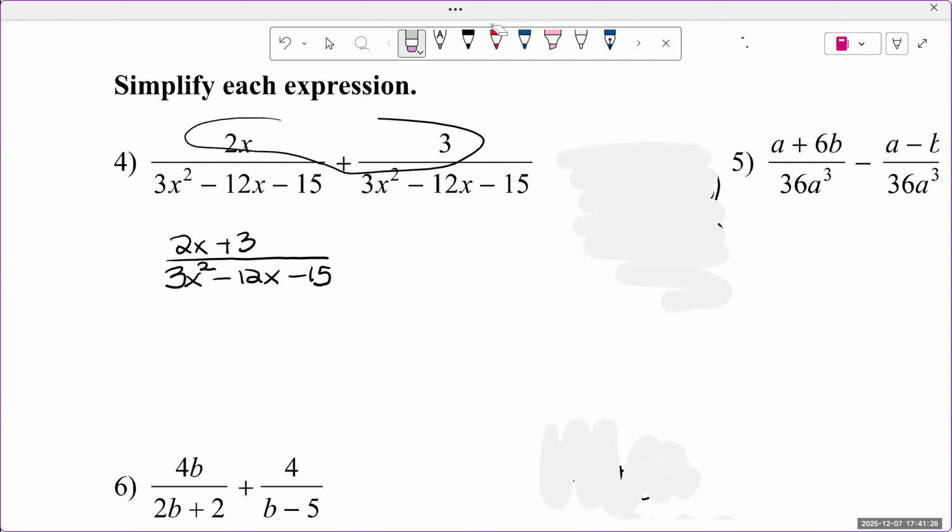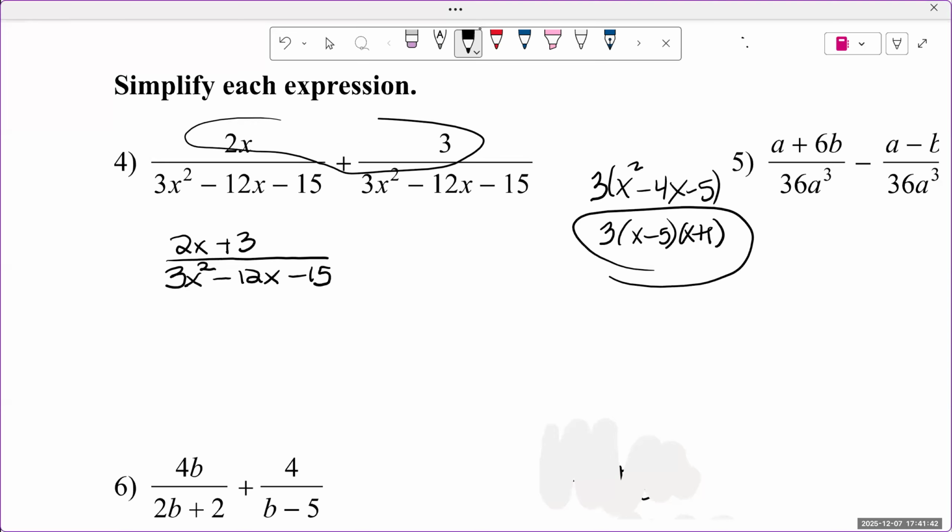So if we try to factor the bottom, this is what we're going to get. And we see that it does not have any common factors on top, no BFF couples. So actually, we're not going to leave it in factored form. We're just going to stop here.